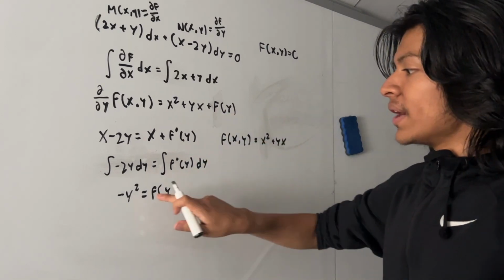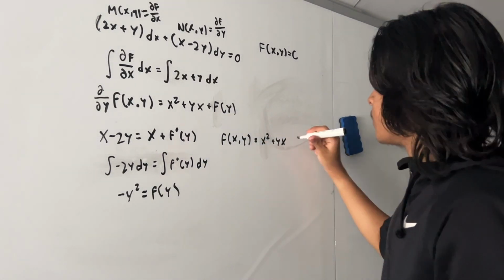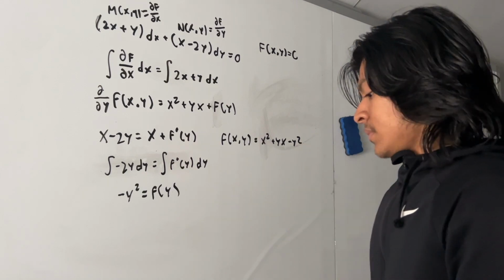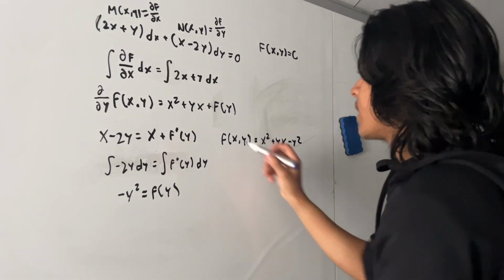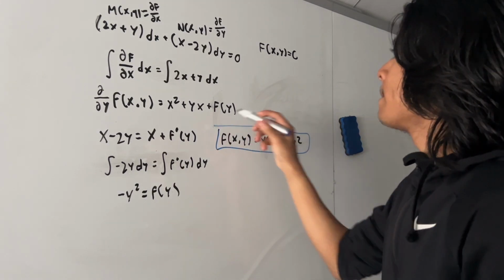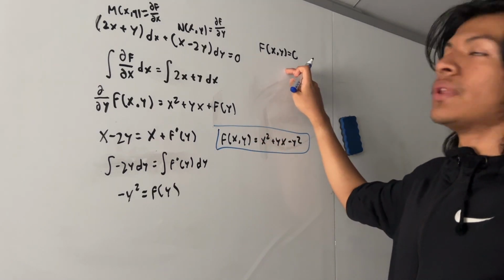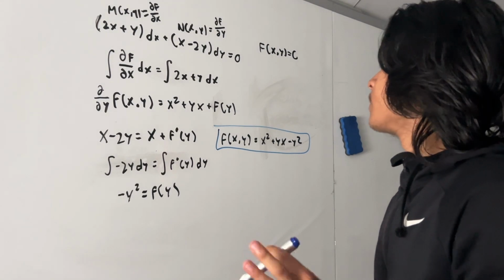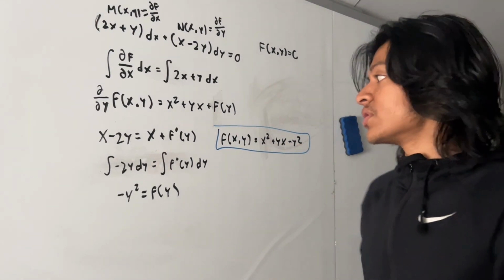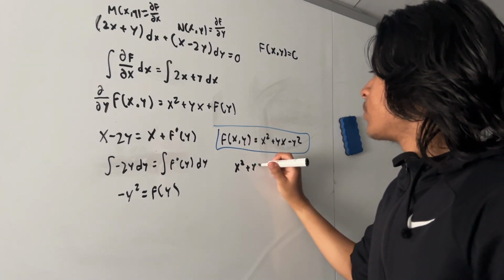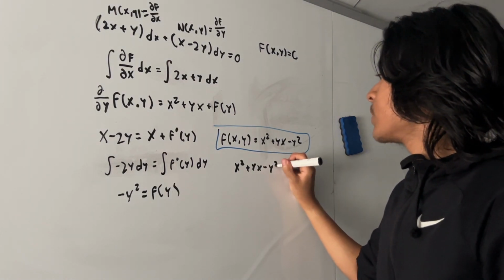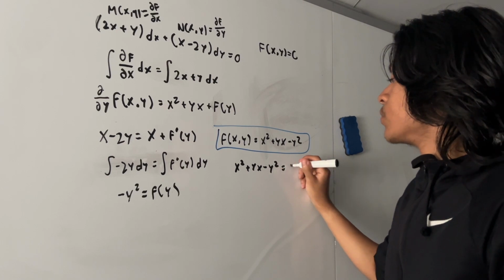Then our f of y is just negative y squared. So right here is our f of x, y. And this is where we just plug it into here. So the solution for this differential equation is going to be x squared plus yx minus y squared is equal to some constant.